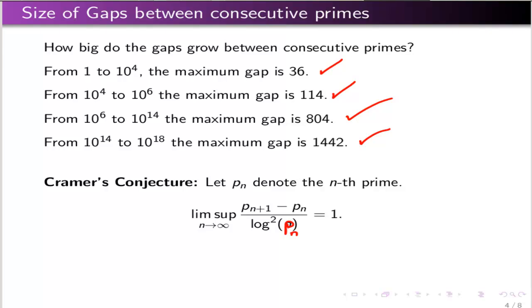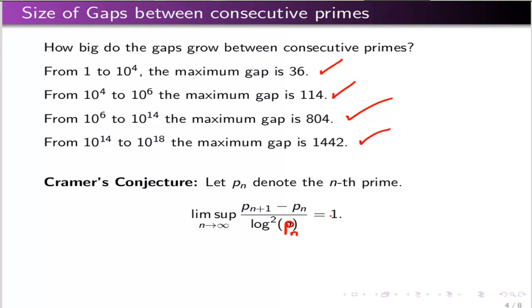So you're at the nth prime, and you want to compare the gap size to the size of the logarithm of the nth prime that you're starting with, that the lim sup of this is equal to 1.